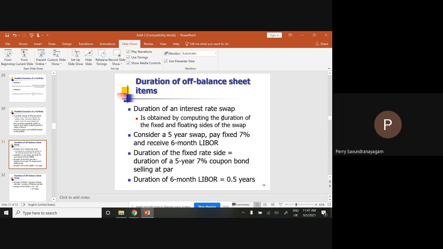Then I will take that 3 years and look at what my DV1 is for 3 years. If there is a 1 basis point change in that curve, what is my dollar value on that? So $1,000, $2,000. Then what will I tell the guy?